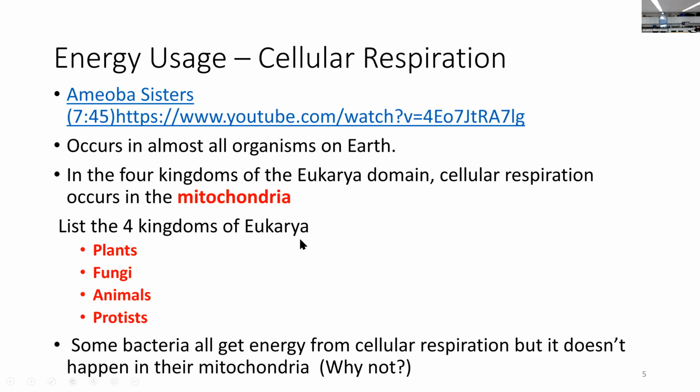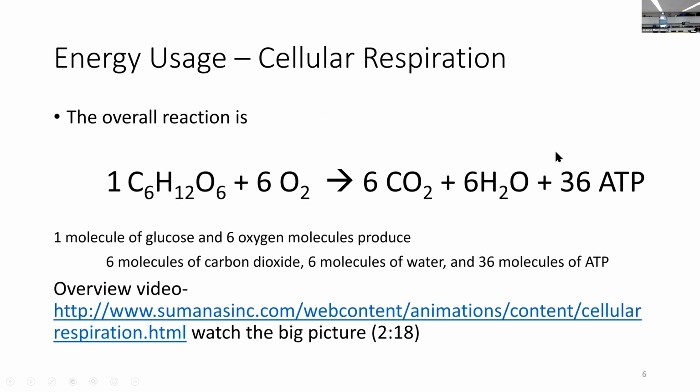All right, so cellular respiration occurs in the mitochondria, and that's going to be in all eukaryotes because that's what we are. So plants, fungi, animals, and protists. This is the overall reaction.